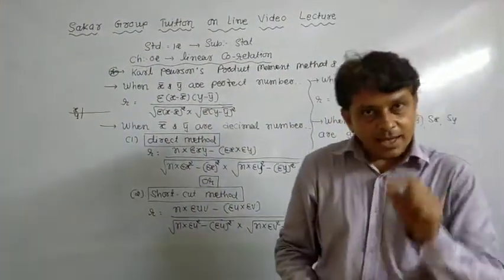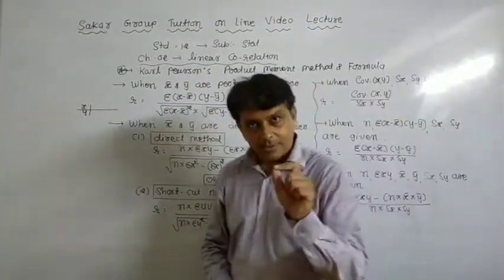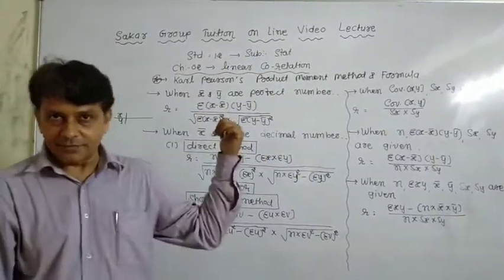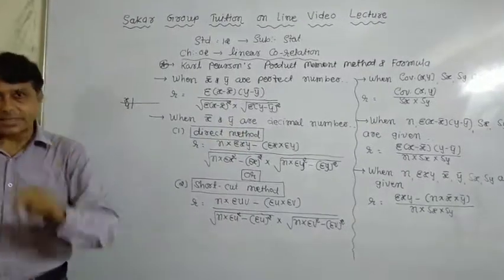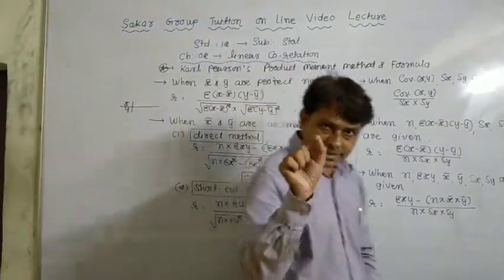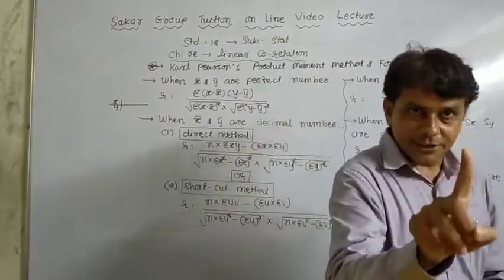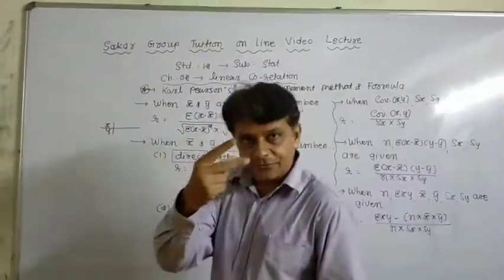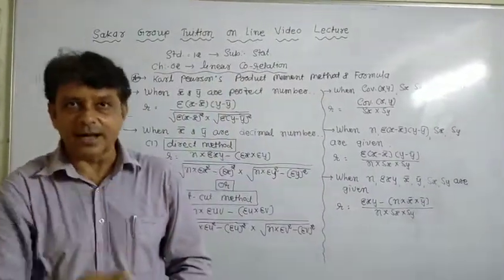Condition 1: if x bar and y bar are whole numbers, then we use the first type of formula which we saw. But second, if the means come out as decimal numbers, then we have two different options to define r.